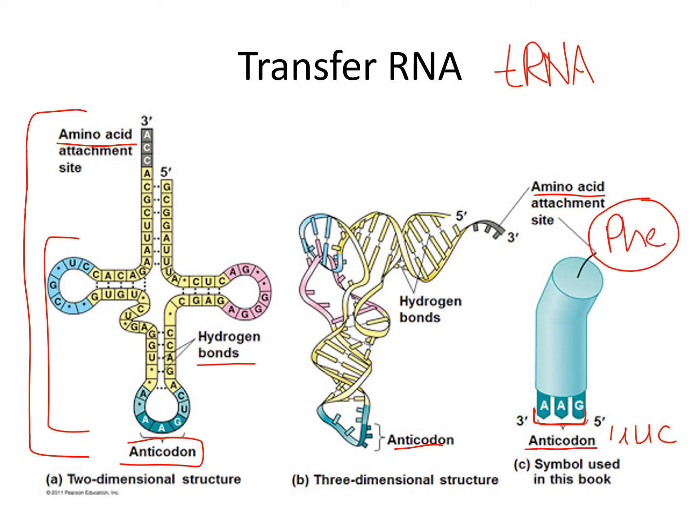So this tRNA is specific for the codon UUC, and through the genetic code, the appropriate amino acid that matches with UUC is phenylalanine. In a cell, there are 64 different types of transfer RNA, 1 for each codon. And remember, this anticodon is complementary to the codon on the mRNA.